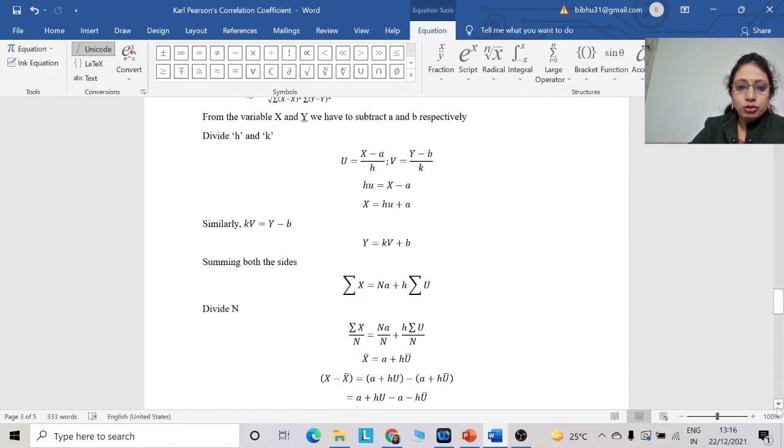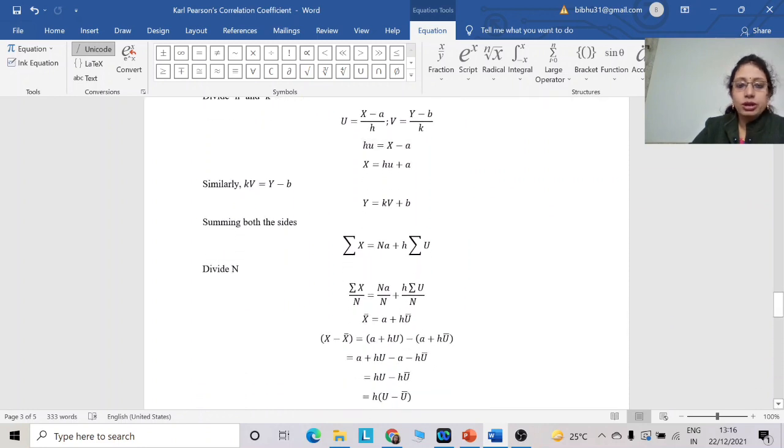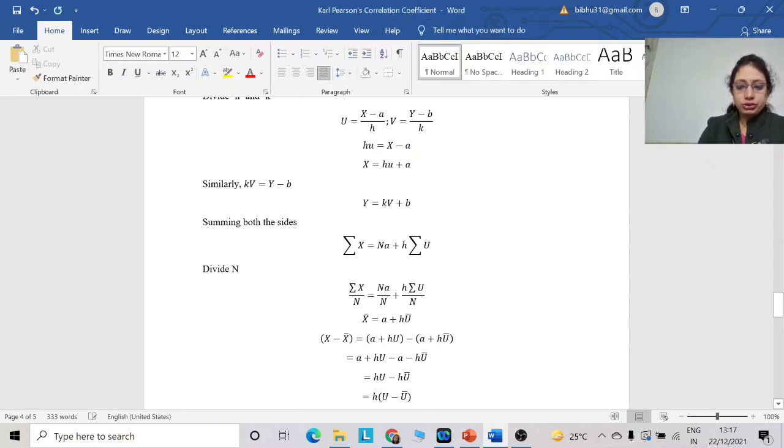Now you sum both the sides. I am writing this as equation 1, and this is equation 2.